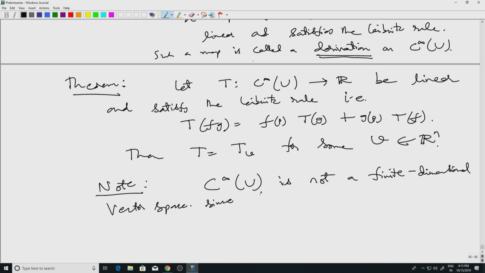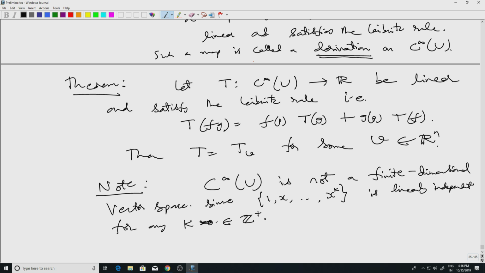Since 1, x, ..., x to the k is linearly independent for any k in the positive integers. So in other words, there is no bound on how many linearly independent vectors we can have. So we can have an arbitrarily large set of linearly independent vectors. This is not a finite dimensional vector space.